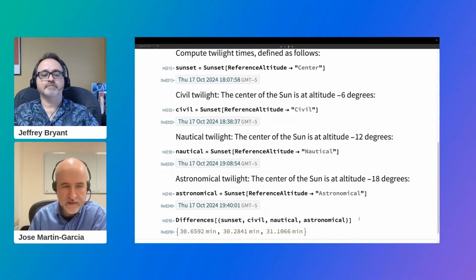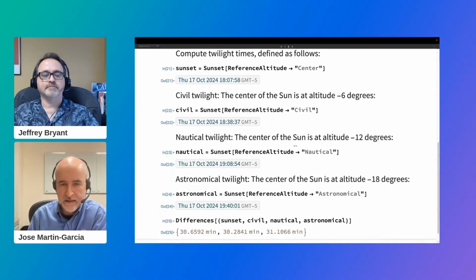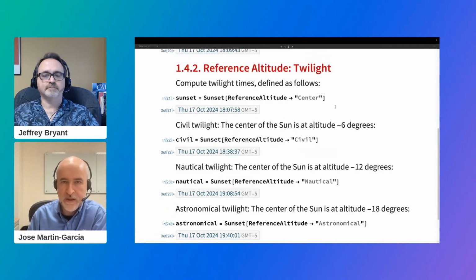If we compare the 3 moments, we see that there is a difference of around 30 minutes between any pair of these, right? So the later it gets, the darker it is. These are moments that are tabulated in almanacs. So you can compute them now with sunset and sunrise.